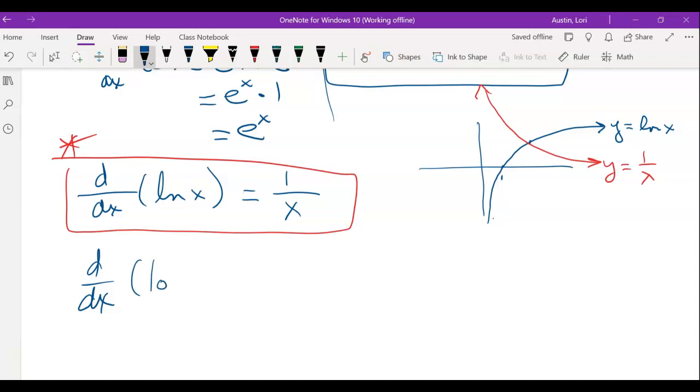So the derivative of log of any base is kind of a combination. And again, this is another one I'm just going to give you. It's just 1/x times ln of the base. We're not going to do a lot with logarithms, but you should know it. You should know it.